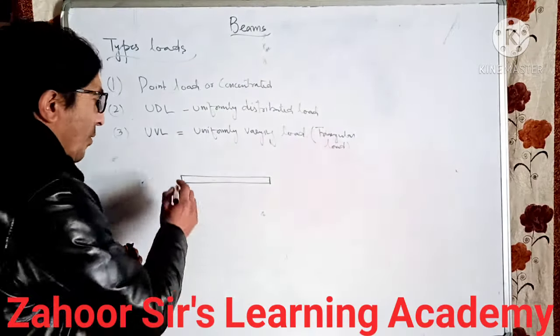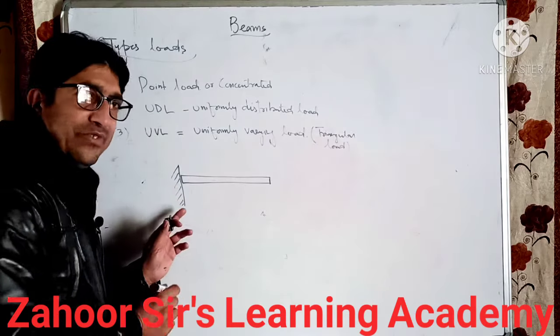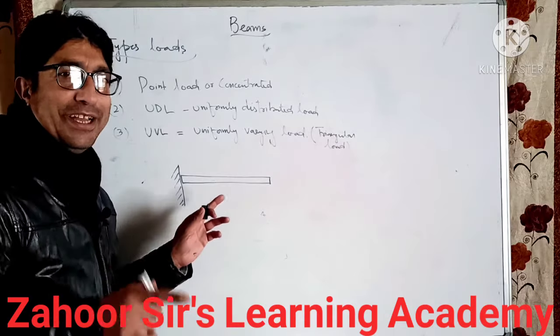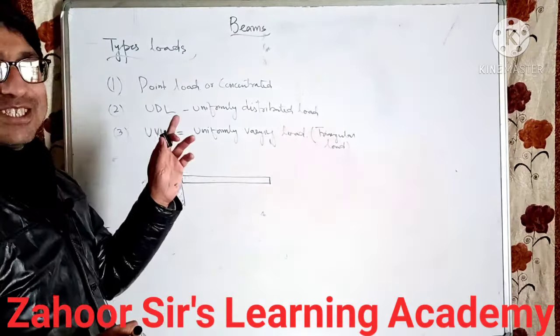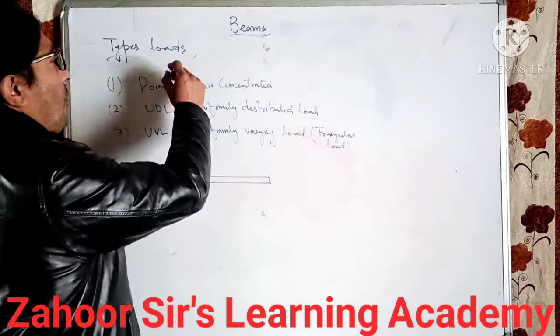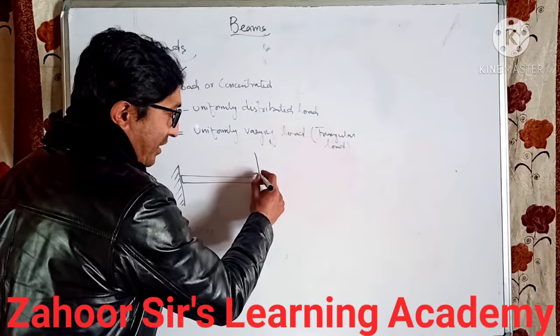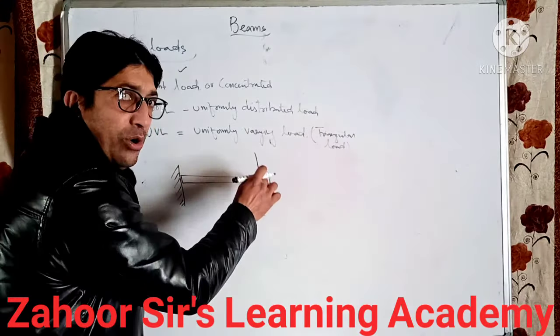Now let's say it is a beam whose one end is fixed. Which type of beam am I making? Yes, I know you said cantilever beam. Now it carries loads. Let's talk about point load. Like a point load, this is the graphical representation of a load. A load is acting on the beam.